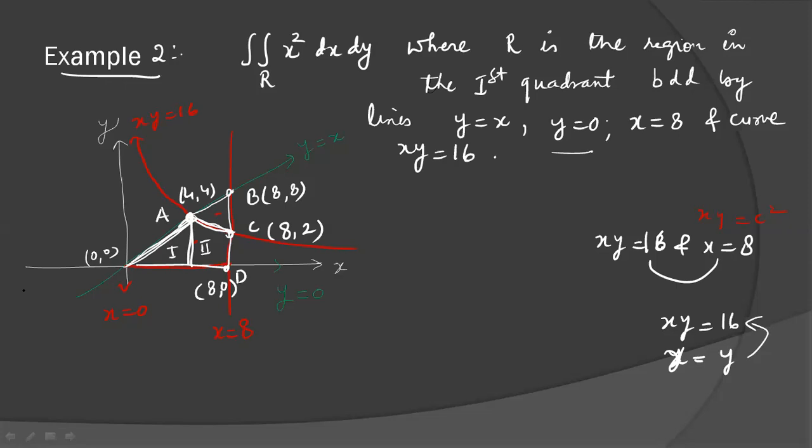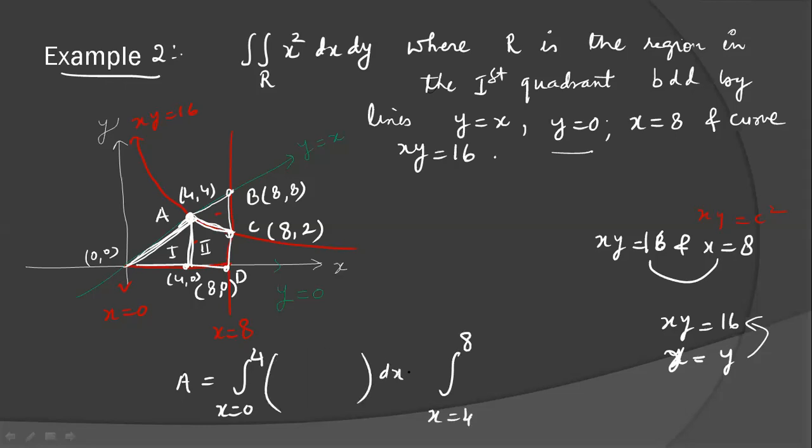Generally I prefer x as a constant because you can see that the limits of x are very easy. In the first case, the limit of x is from 0 to 4. In the second part, the limit of x is from 4 to 8. Now you have the limit of x.